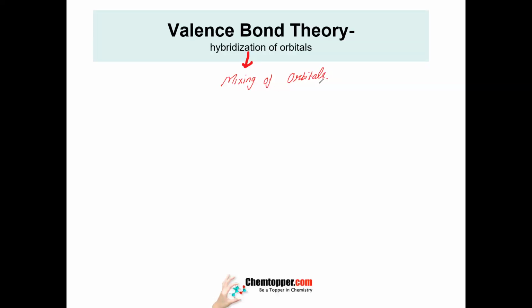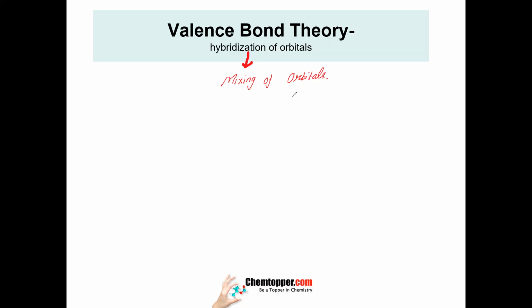Let's see how the orbitals will mix. We understand this, just like you make a soup. If I give you tomatoes, potatoes, so many vegetables, and ask you to make a soup with uniform consistency, you will boil all of them and churn them and make a smooth paste, right? Same here.